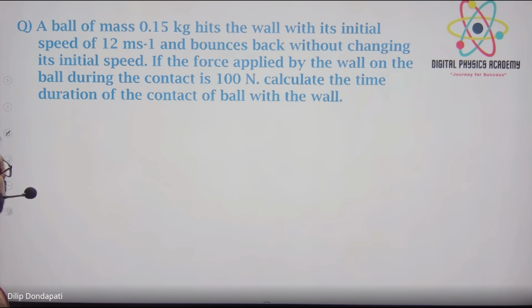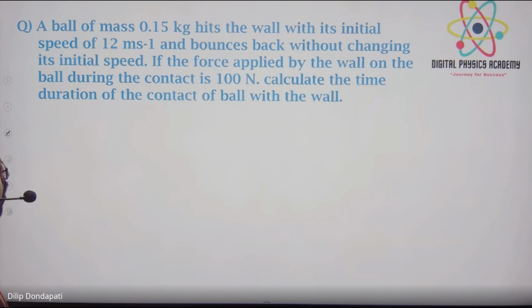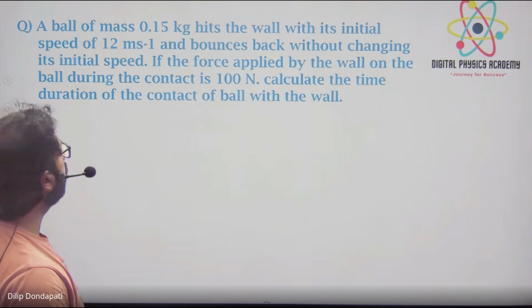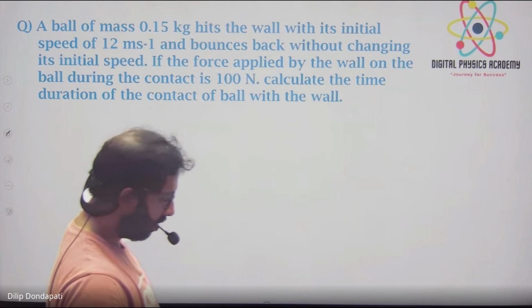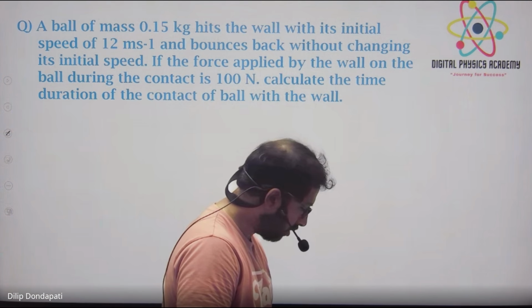So recoil velocity is 0 in this question. A ball of mass this much hits the wall at some speed and bounces back without changing the initial speed. The force is this much. Calculate the time duration.